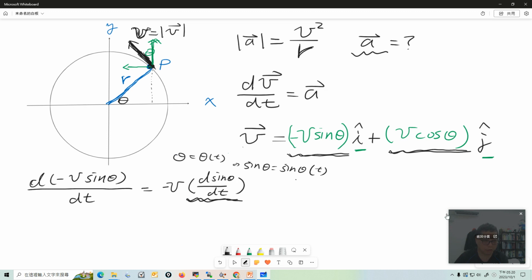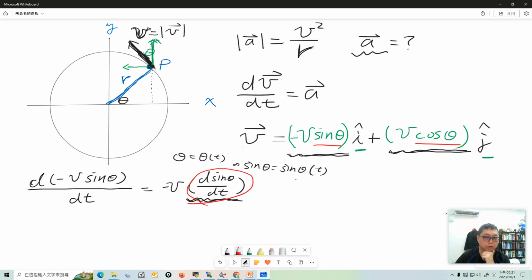Can we find other information to solve this? We need to find something to substitute for sine theta and cosine theta. What's sine theta from this geometry?